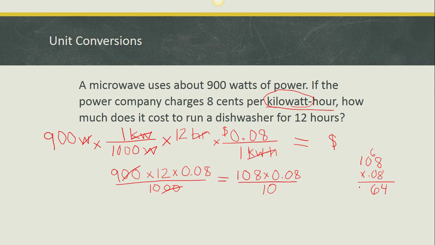And then 8 times 1 is 8. And we don't need to go to the next row because it's going to be all zeros. So from here we can just count. We have 1, 2 decimal places in our problem. So we need 1, 2 decimal places in our answer. So that's 864. Remember, we still have to do 8.64 divided by 10.